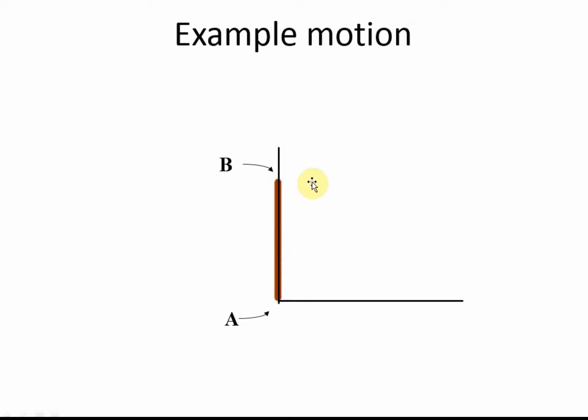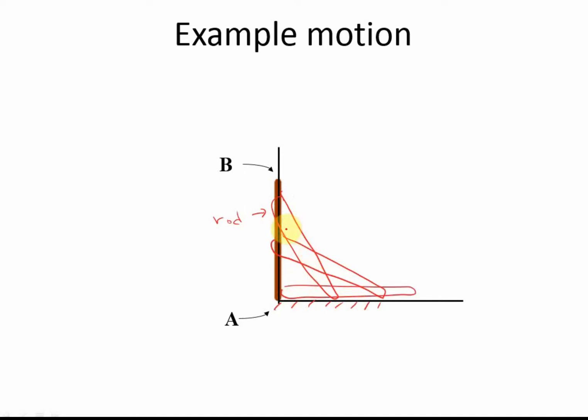In this simple example, just imagine that you have a rod, and this is just smooth ground. If you just let it go, the rod starts moving this way and this way, and finally it just falls like that.